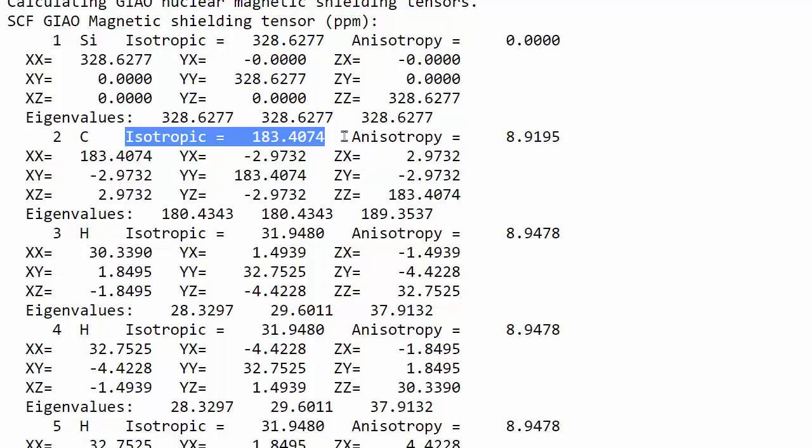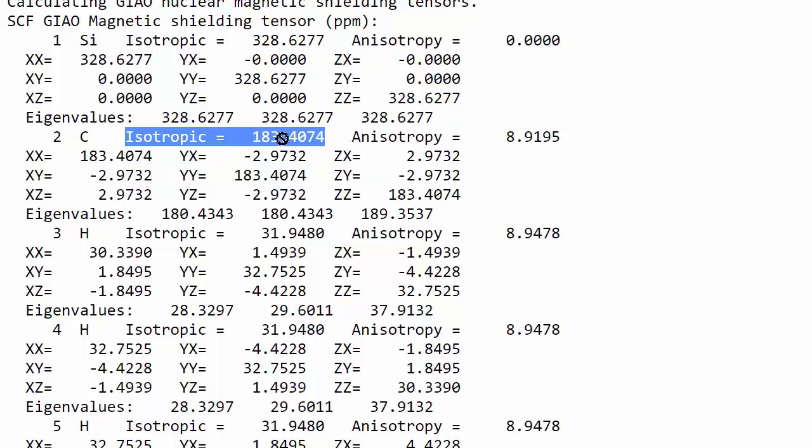So here's what we call the raw shielding. We drew in TMS and asked Gaussian to do an NMR calculation. That's all you have to do in addition to specifying the method and the basis set. You just say, I want NMR, and it does this calculation.